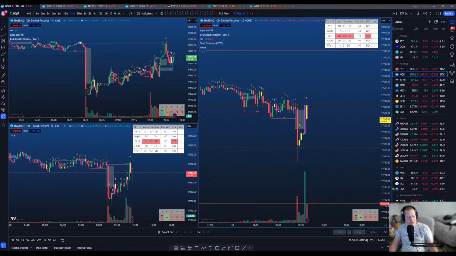R1 would be 2 times the pivot point minus the low of the previous. Here, I'll just screenshot this and share it in premium.